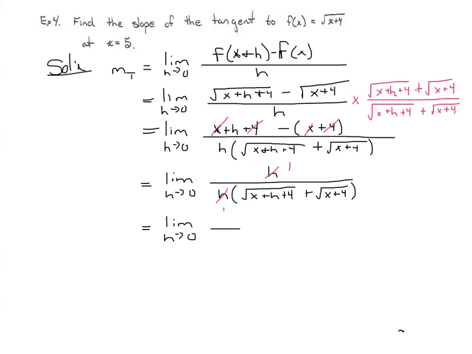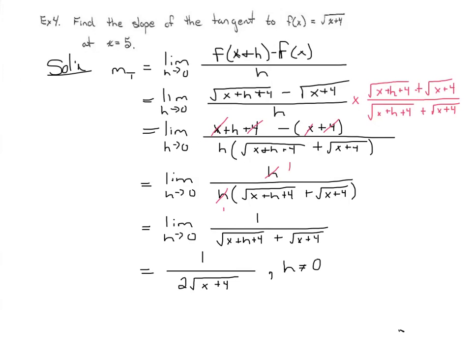And so we're left with 1 over the radical of x plus h plus 4 plus the root of x plus 4. And when we evaluate that limit, we end up with the two terms in the denominator becoming the same term, so 2 times the radical of x plus 4.